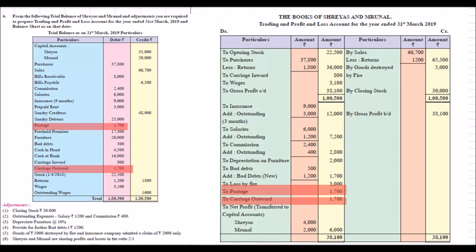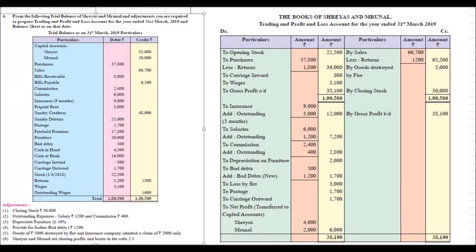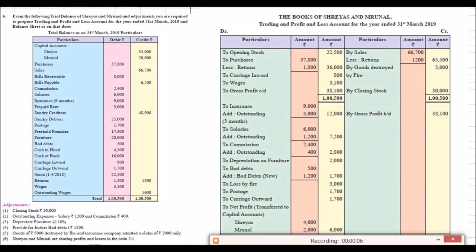Next, we need to calculate the gross profit on the credit side of the P&L account. On the credit side we don't have any entries, so we have taken the gross profit as the total amount, that is 38,100 rupees.